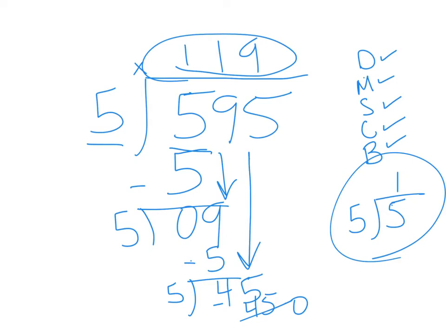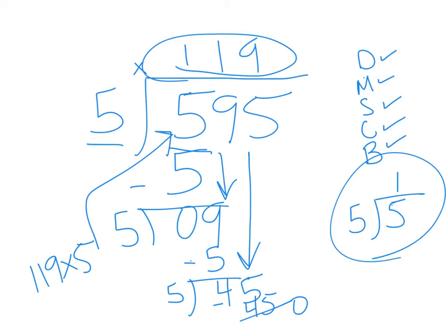You'd think to yourself, okay, if I really wanted to check my work, I'm going to write it out here to the side, but 119 times 5, if I were to do that problem, that would give me the answer of 595. And that's how I check my work. And that's how you can relate division to multiplication. They really go hand in hand with one another. And you probably will check some of your work that way. I know I make my students check their work. And so that's a great way to always make sure you're good with your division.